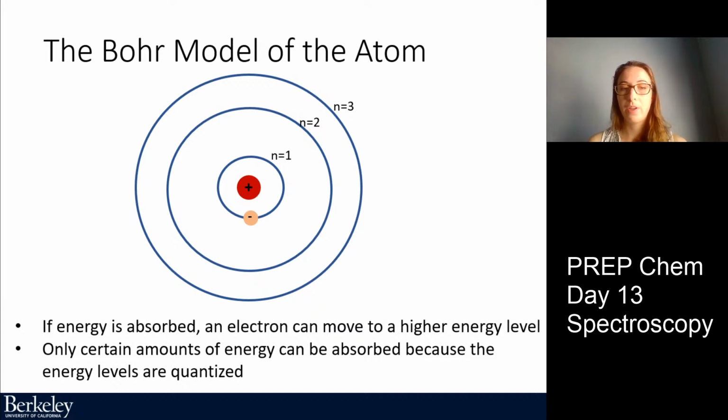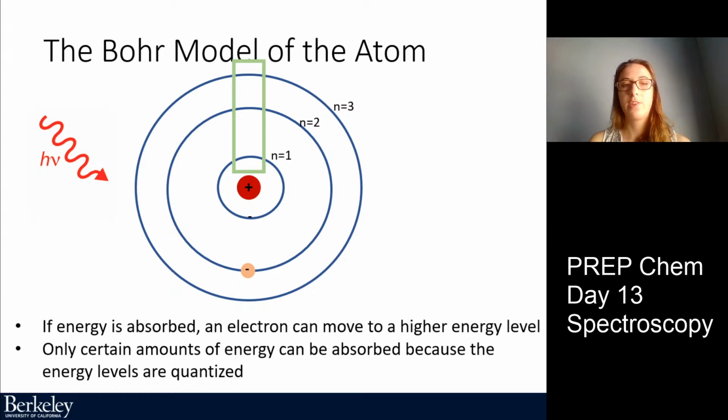So what would this exactly look like? We would have our incoming energy, our photon, and this would be absorbed by the atom, and all of the extra energy from the photon would promote an electron from n equals 1 to n equals 2. This would be an example of absorption in Bohr's model.